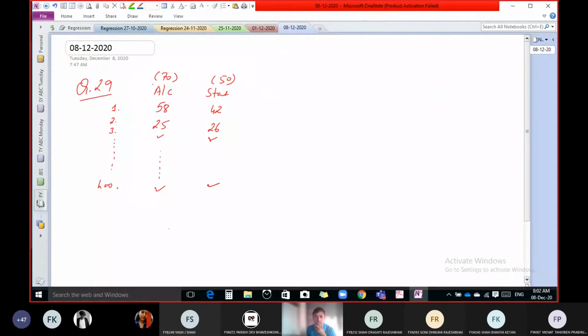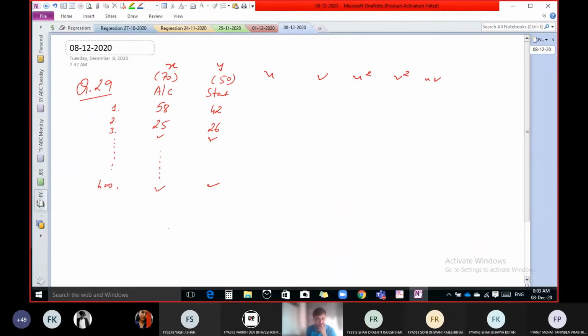If you want to find the correlation, then what is the difference between this question and all the previous questions that you studied in your 12th standard as well as in F5? You can consider this is X and this one is Y, and you can find U, V, then U square, V square and UV.